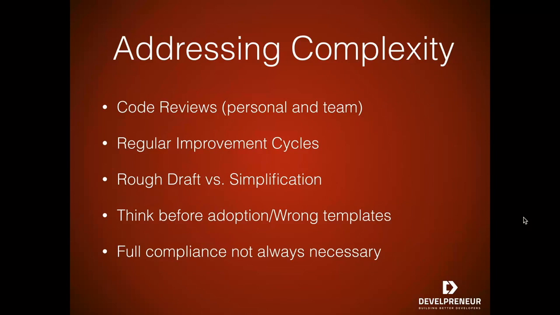It's one of those where there's a little bit of a balance. You don't want to code yourself into a corner, but if you know that you never need to get out of that corner, then you can do so. If that makes sense, this is again where that full compliance is not always necessary.